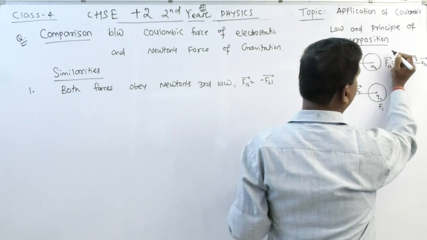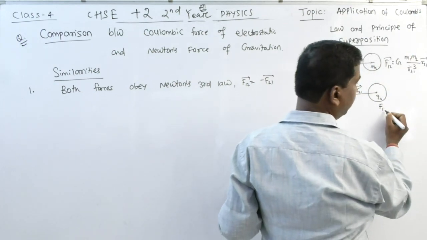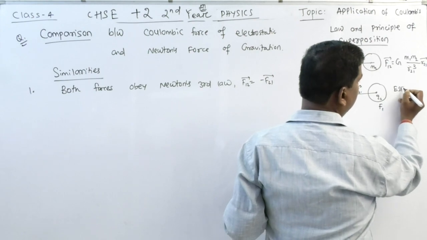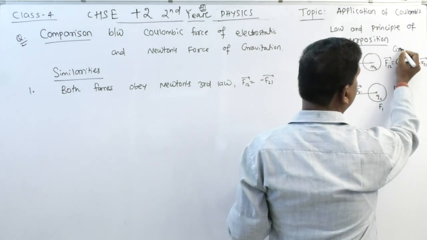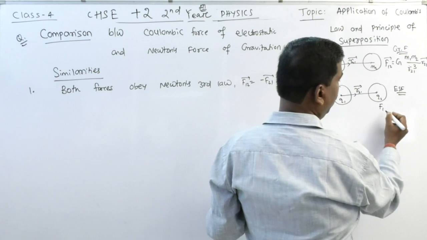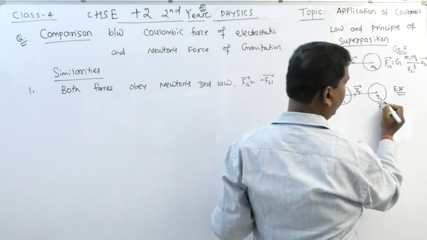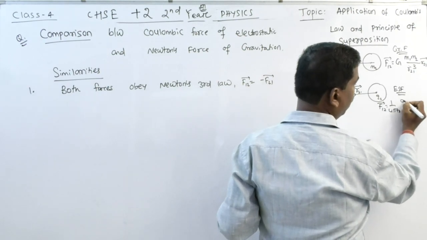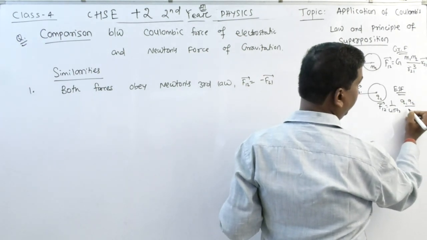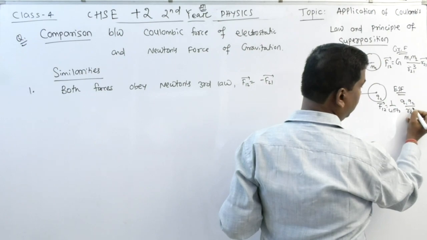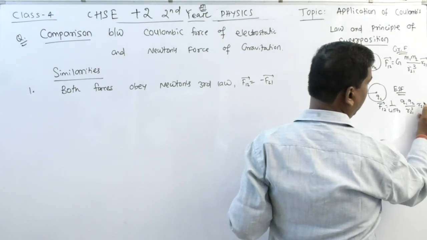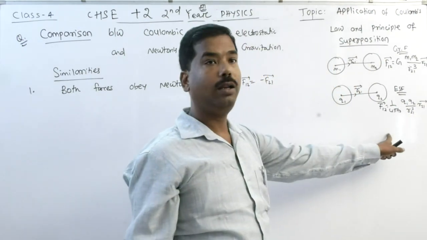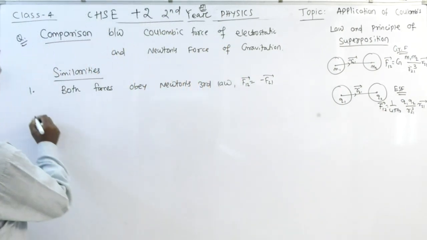This is the gravitational force and this is the electrostatic force. So the electrostatic force F12 vector is equal to 1 by 4 pi epsilon 0 q1 q2 by r square into r21 vector. Clear?